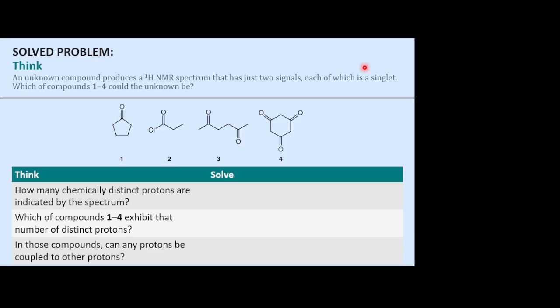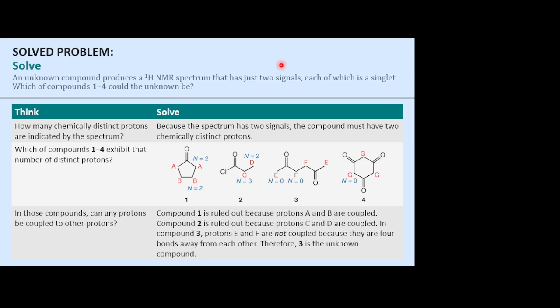All right. So, how many chemically distinct protons are indicated in this spectra? Two signals. So how many distinct protons? Two. Yeah. Has to be two, right? And these two sets of protons, can they be near each other?